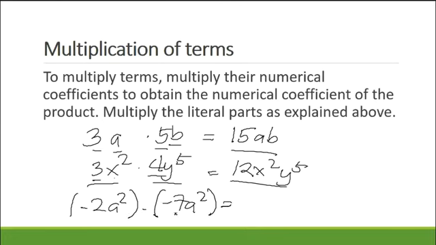Multiply first their numerical coefficient. Ang numerical coefficient natin dito ay negative 2 and negative 7. So, parehas negative, magiging positive yung sign niya. 14. Copy the base a. So, we have an exponent of 2 and 2. So, 2 plus 2 is 4. That's the answer.